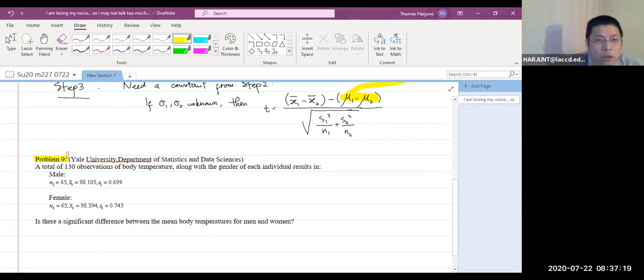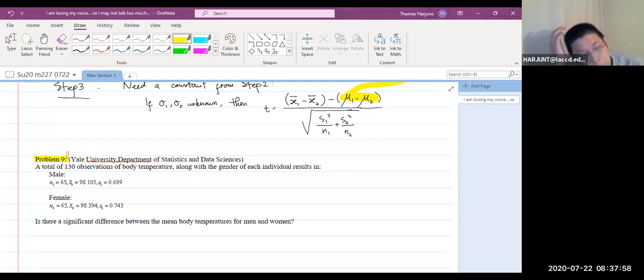The male, which we call the first group, has n = 65, female also 65, the sample size for each group. The body temperature for male on average in this sample is 98.105, while the female is 98.394. The sample standard deviation from each group is also given there. The question is, is there a significant difference between the mean body temperature for men and women?